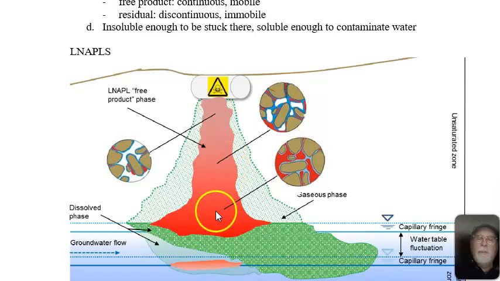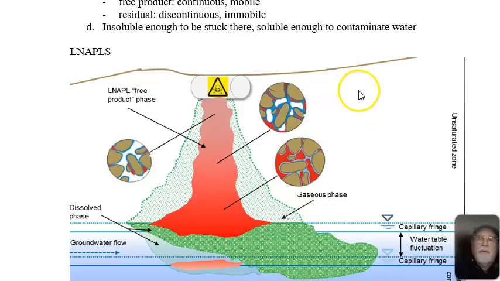Well, this moves up and down, and it goes down, but it leaves behind the non-aqueous phase liquid stuck in there between the grains of solids by capillary forces. So that would be residual. So free product is the stuff that's actually moving around and pooling. The stuff left behind and stuck in there is the residual product.